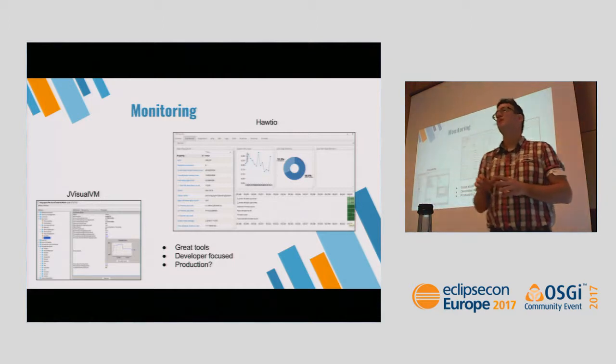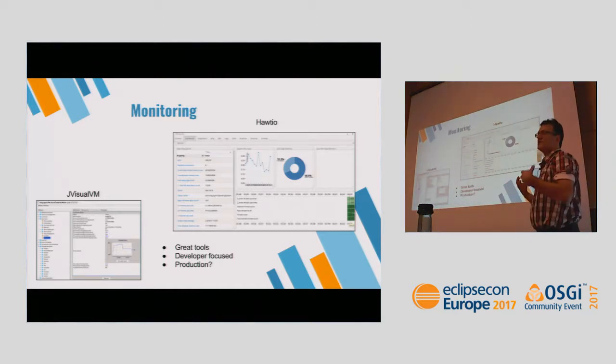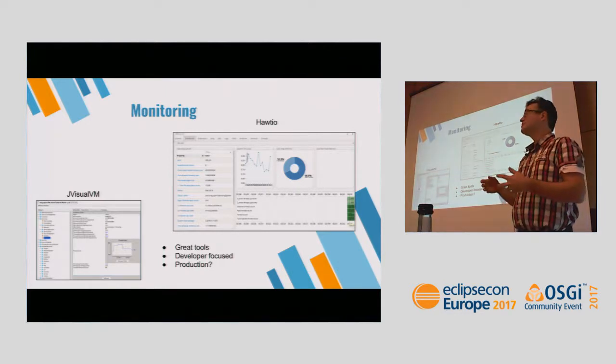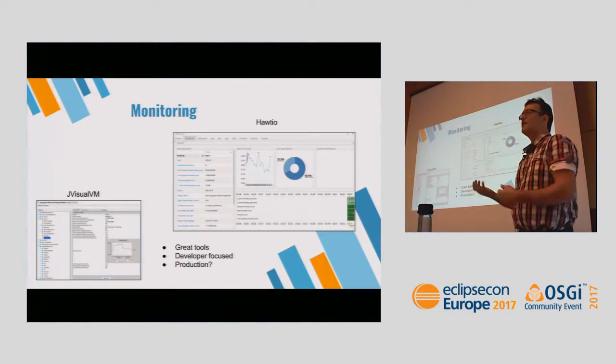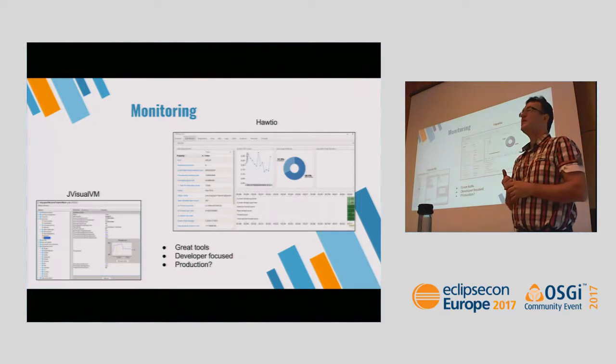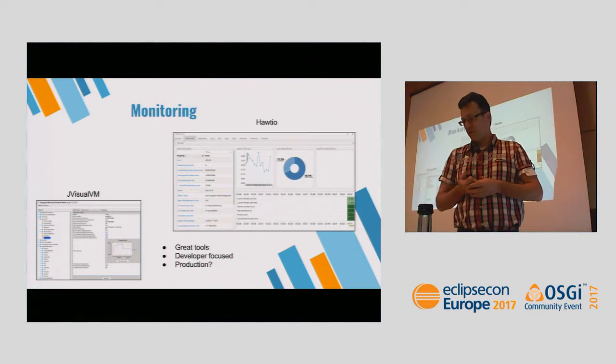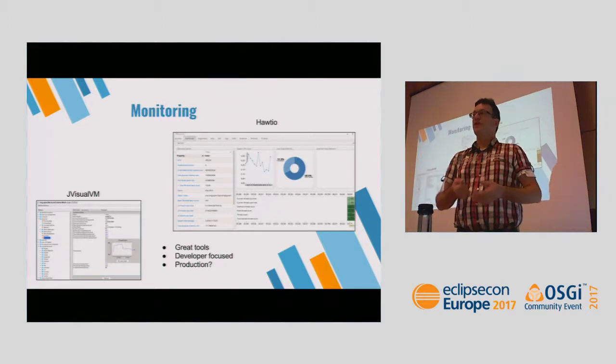These are great tools, but they are most of the time developer focused. So if you're developing your solution, you can use them to get some information on what's going wrong maybe, but it's not so good for a real production environment where you normally will not connect with JVisualVM or something like that.